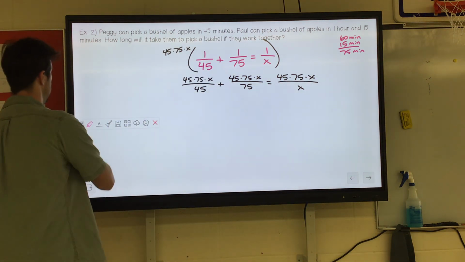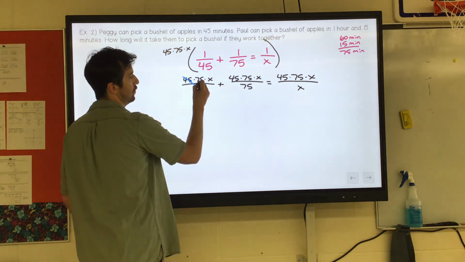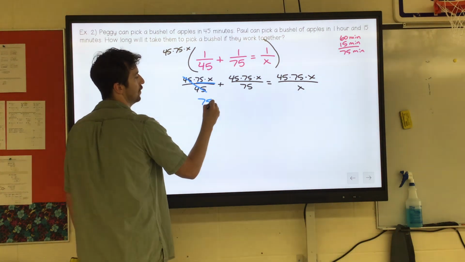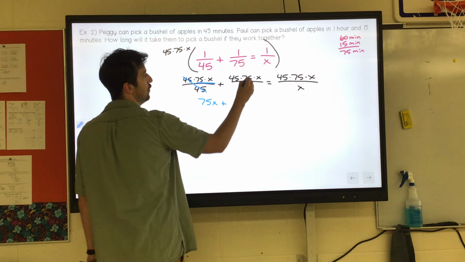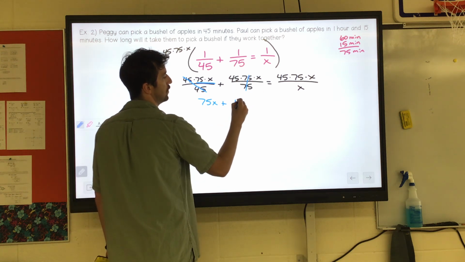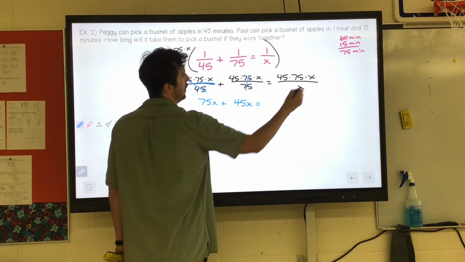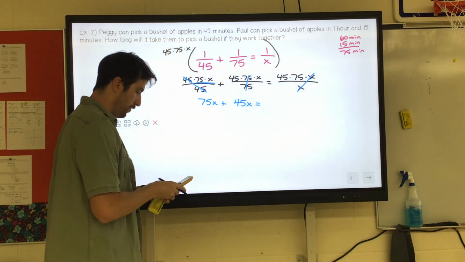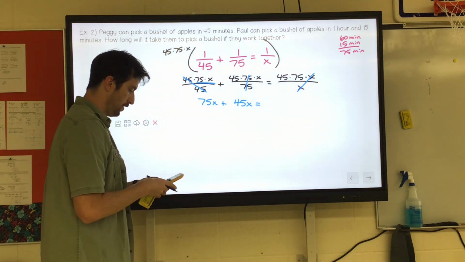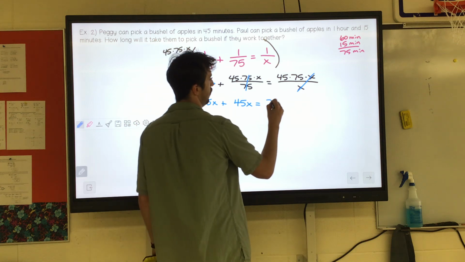Everything's going to have something cancel. Here the 45s cancel, so we have 75x. Plus, here the 75s cancel, so we have 45x. And here the x's cancel, so we just have 45 times 75, which is 3375.